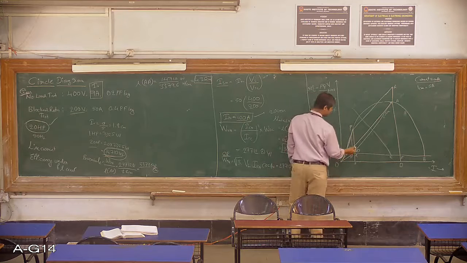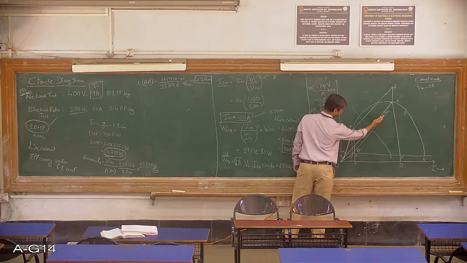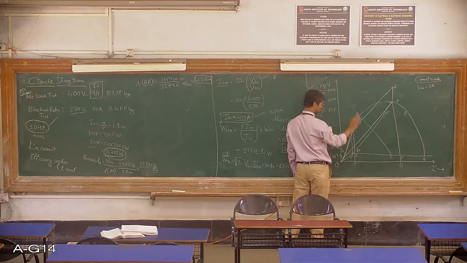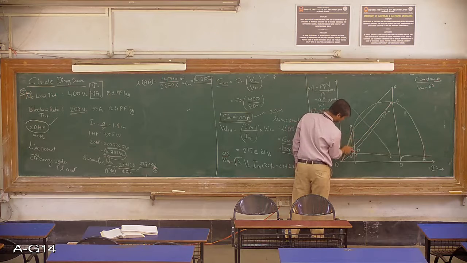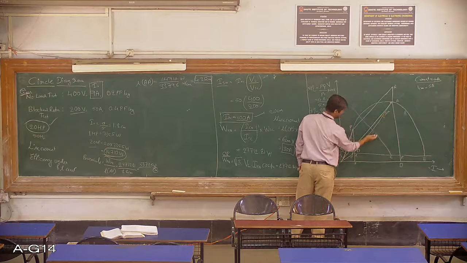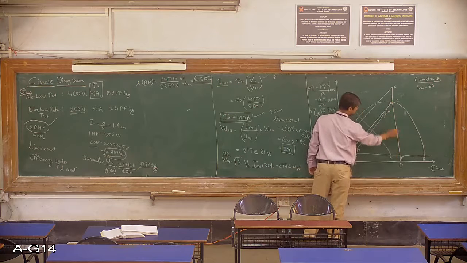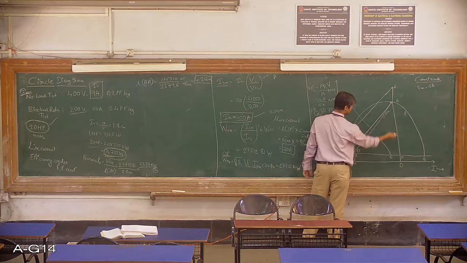Anything above this output line is the actual output, so the length PQ is giving us the output, and anything below this output line is loss. This entire length gives us the copper loss, rotor copper loss and stator copper loss. Obviously we have not separated them.